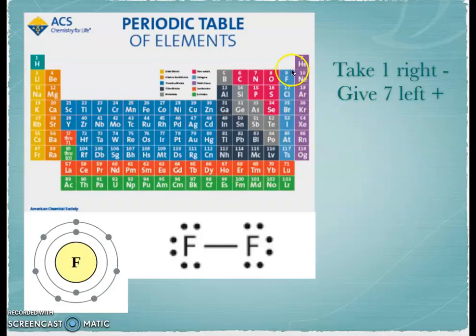Okay, now we're almost near the end. We're at fluorine here, which is just 1 away from our noble gases. So obviously it's going to be a lot more beneficial if we just take 1 electron and we move to the right. You might be thinking, do you remember the word electronegativity?